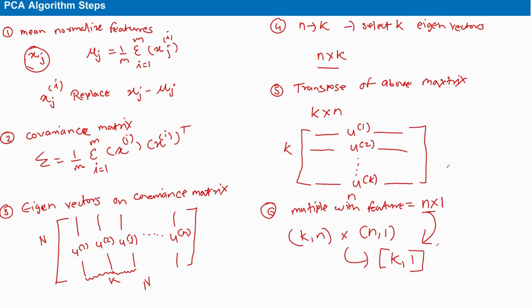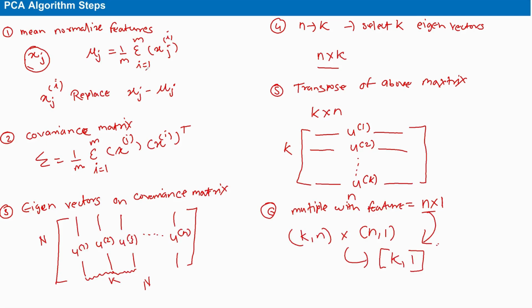Now, what we are doing in these steps is reducing the dimension from n to k. But in the same way, we can reproject the dimensionally reduced matrix from k back to n.